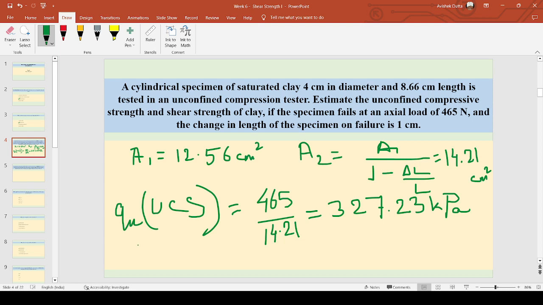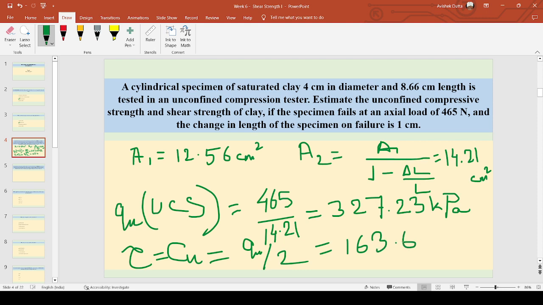So the shear strength tau will be equal to the unconfined cohesion Cu, and that will be equal to Qu, that is the UCS, divided by 2, and that will give us a value of around 163.6. If we convert, 327.23 divided by 2 is approximately 163.62 kilopascal.